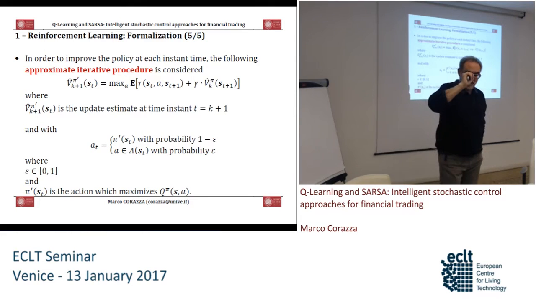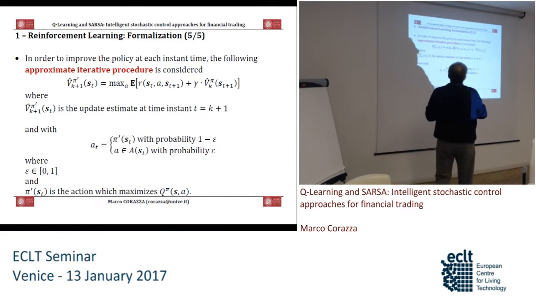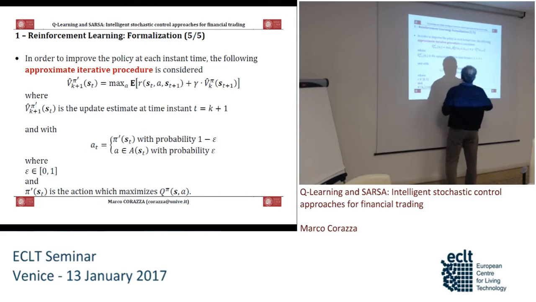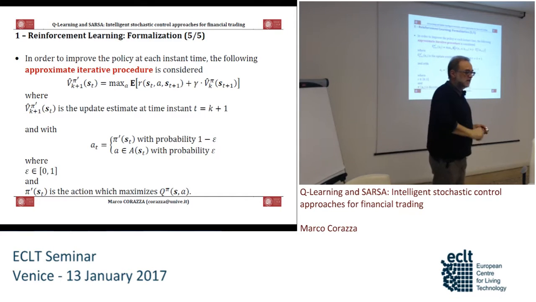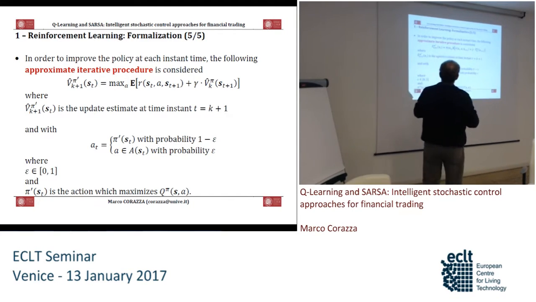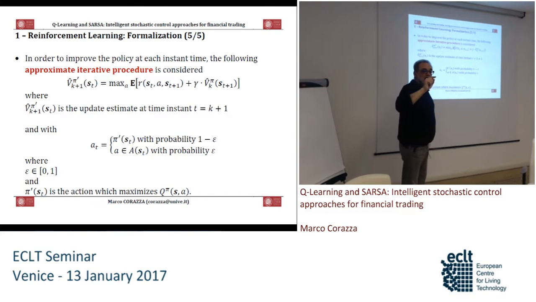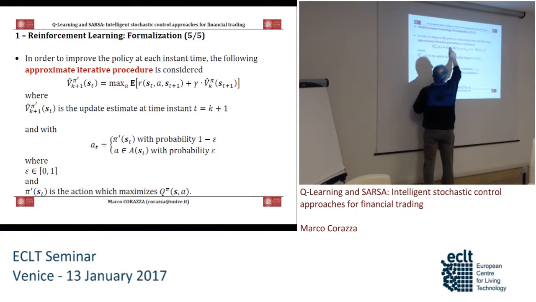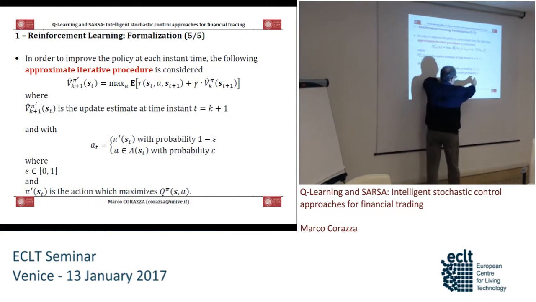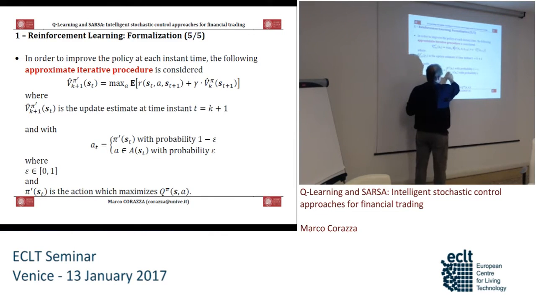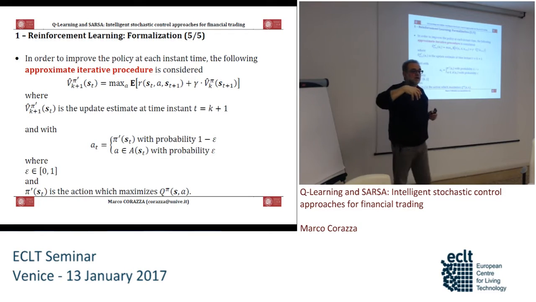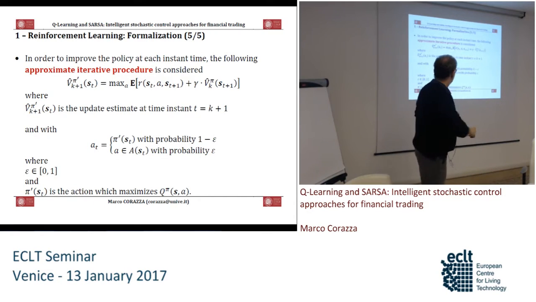So at the end, at each instant of time, by this approximate iterative procedure, we find the value of A, that is the optimal action by which it is possible to maximize this quantity. Notice that in the two approaches that we'll implement in the last part of the talk, we generally use as the action the one which maximizes this quantity. But in an epsilon percentage of the cases, we consider an action generated at random.